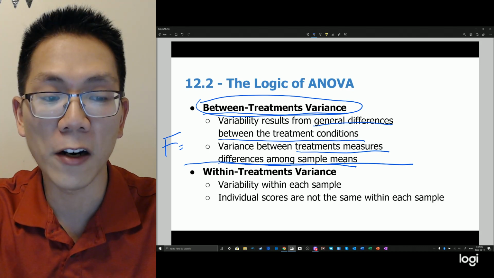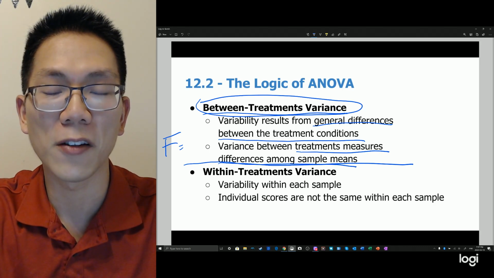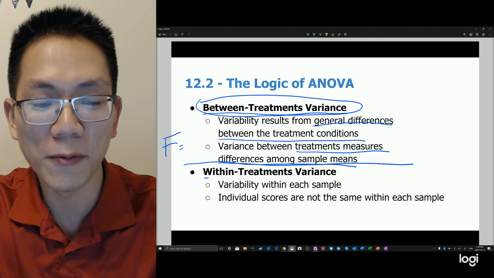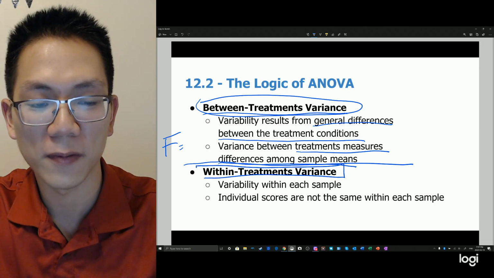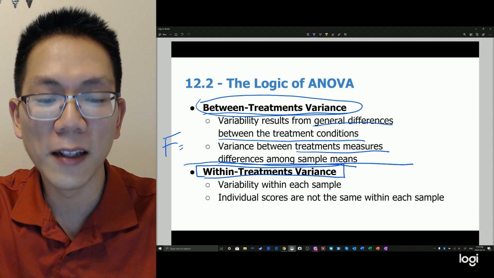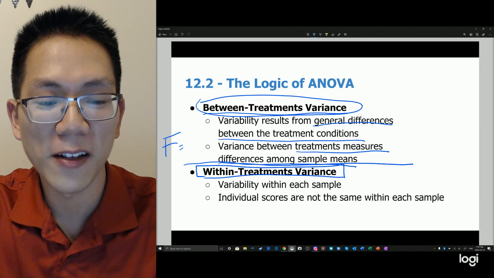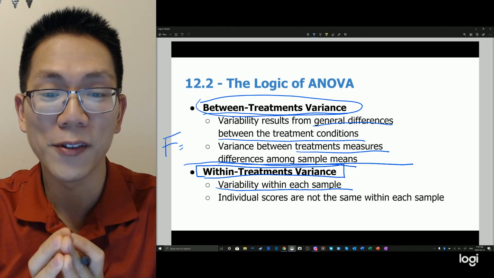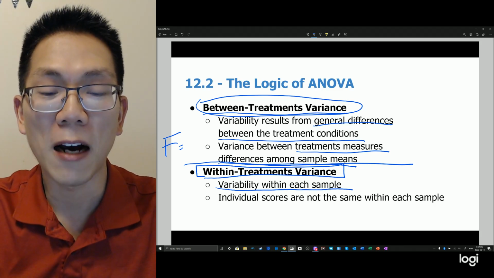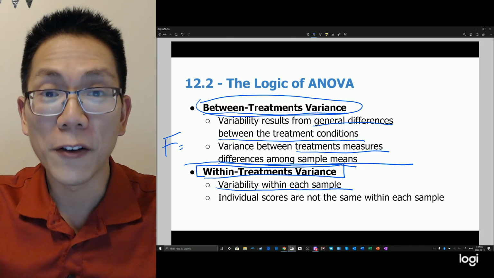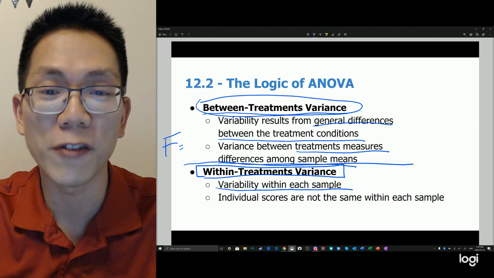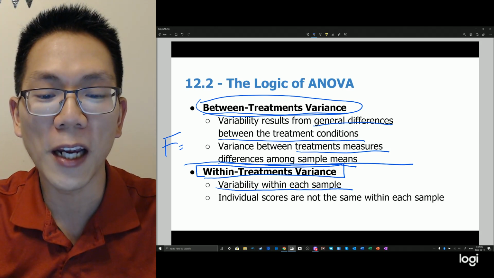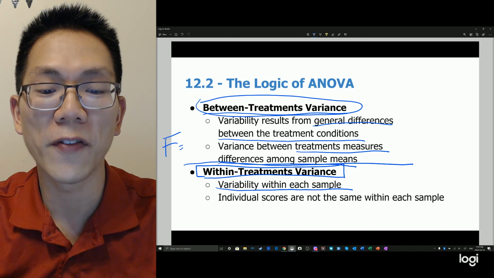The denominator of the F ratio, the thing we want to put in the bottom of the fraction, is within treatment variance. In this case, within treatment variance is the variability within each sample. So remember, while we're looking at differences between groups for between treatment variance, for within treatment variance, we're looking at variability within the groups.